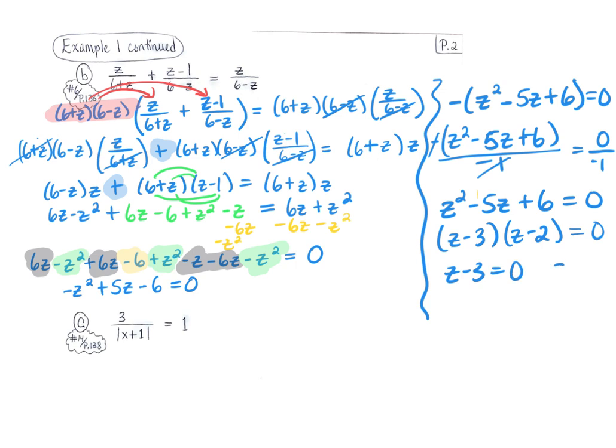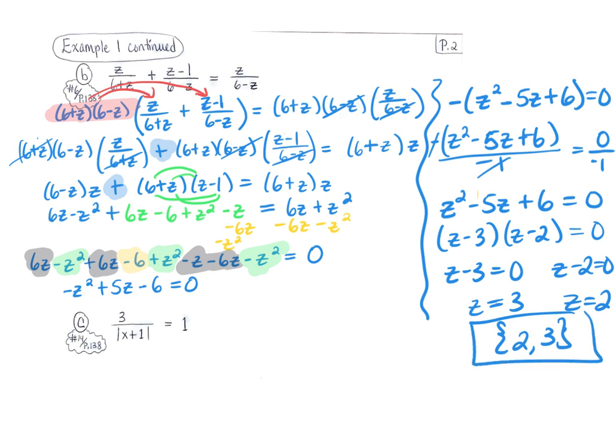Good. So z equals 3 and z equals 2. So that's our solution set. Questions? Okay.